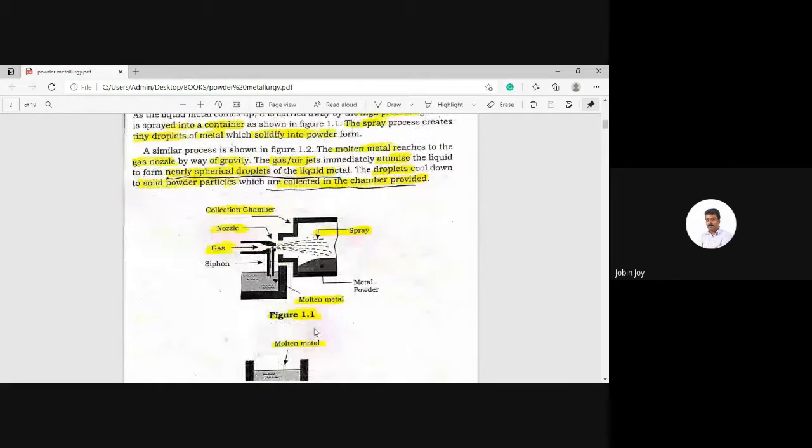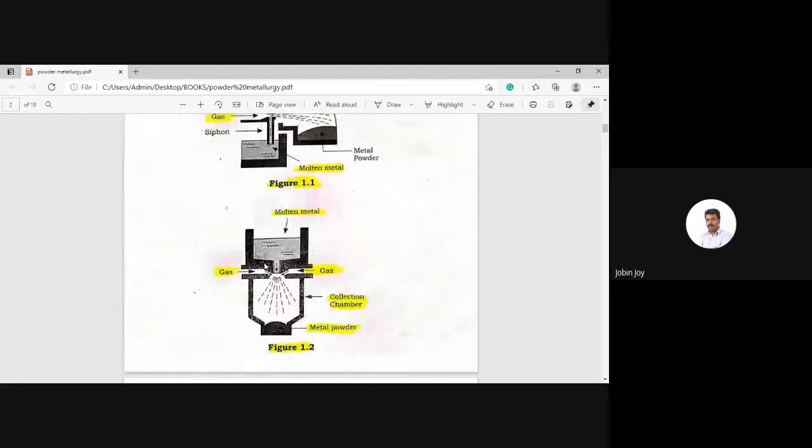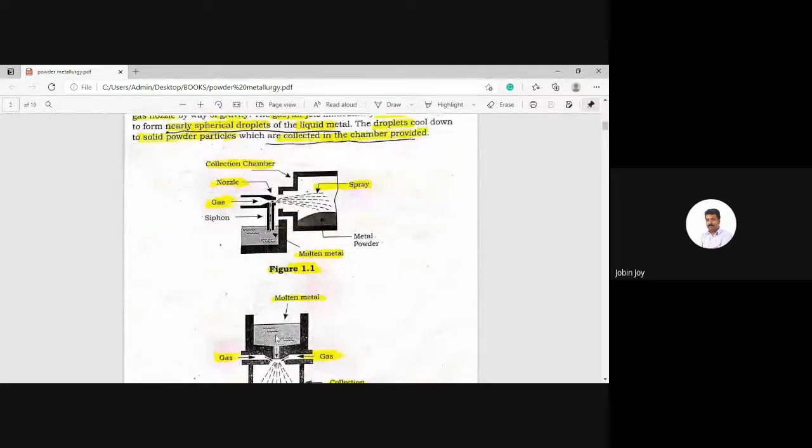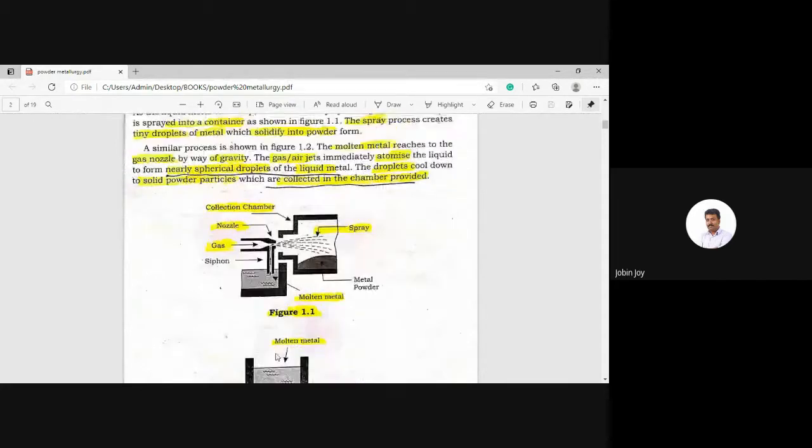This is a similar process. Here the molten metal reaches the gas nozzle by way of gravity. At the top you can see the molten metal, which reaches the gas nozzle by way of gravity. On both sides you can see the gas with an arrow. This represents the gas, and this represents the gas nozzle.